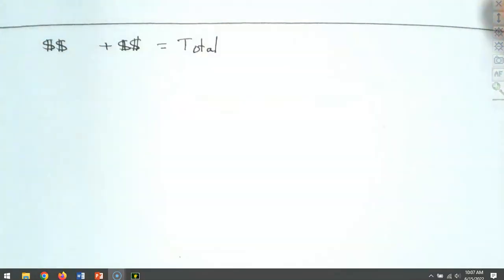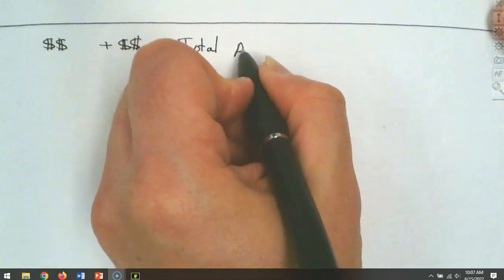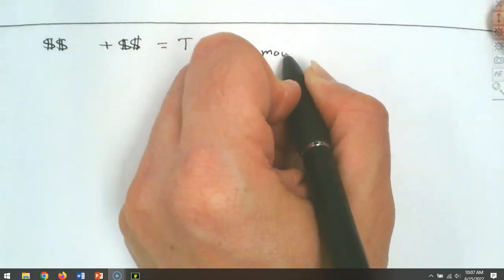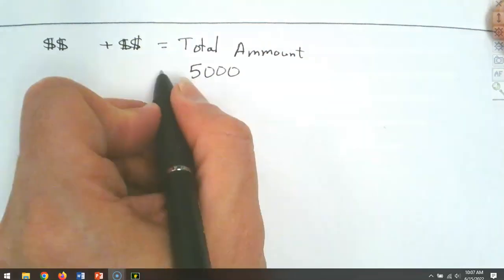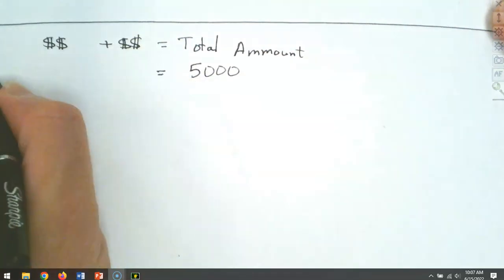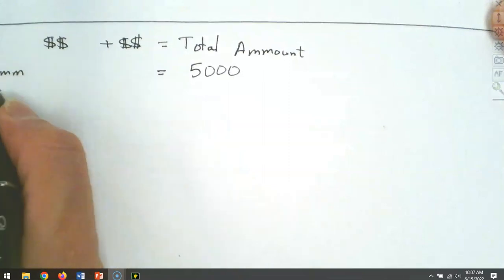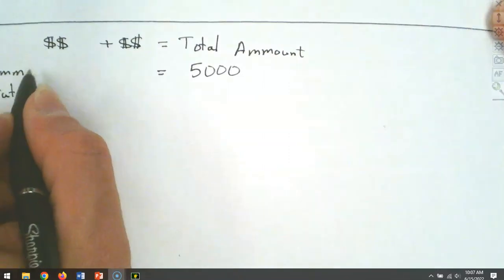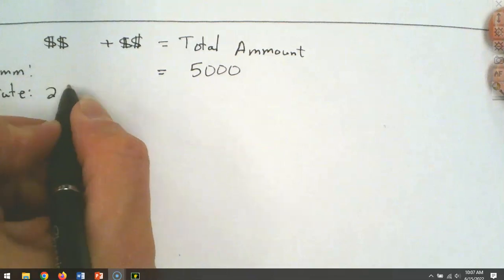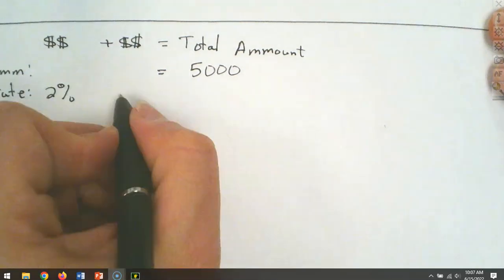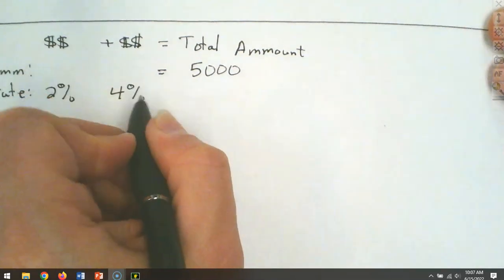And we've got Kevin here, and Kevin has a total amount of money to invest of $5,000. So there's Kevin's total. And each of these has an amount and a percentage rate to go along with it. And it looks like he invested part of it in a CD, and that CD paid 2%, and the rest in these mutual funds that paid 4%.